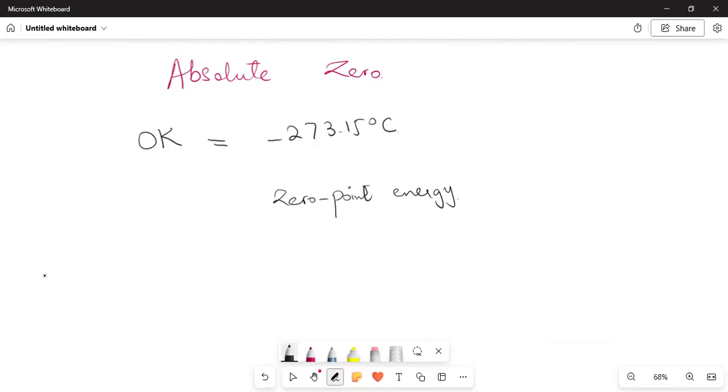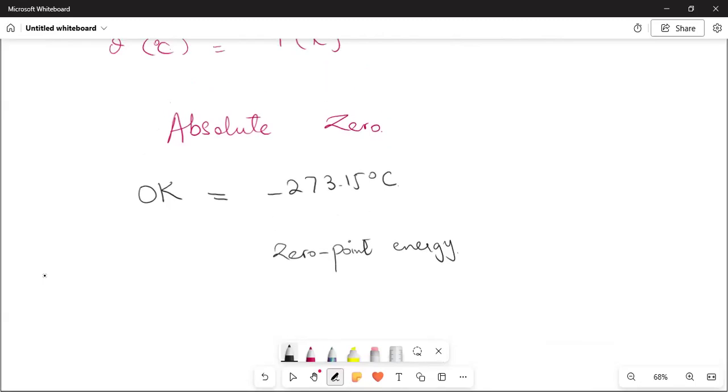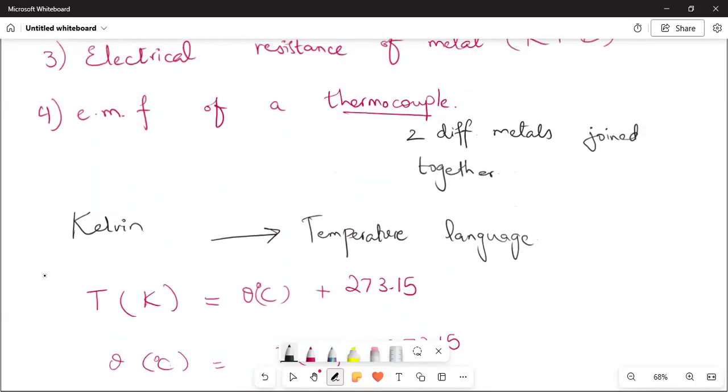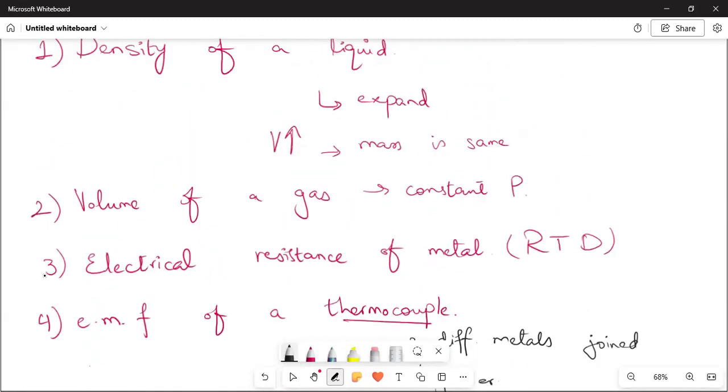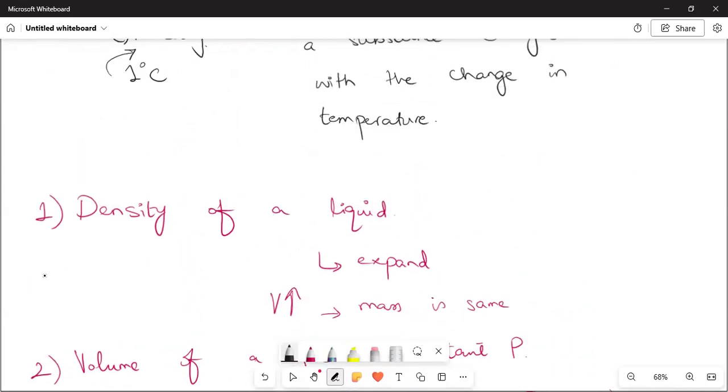If you understand properly the definitions of thermal physics and temperature and thermodynamic properties, then you will be able to understand ideal gases, thermodynamics, any other concept linked with thermal physics. But make sure that you start with the basic definitions, and then you understand how temperature came into existence.